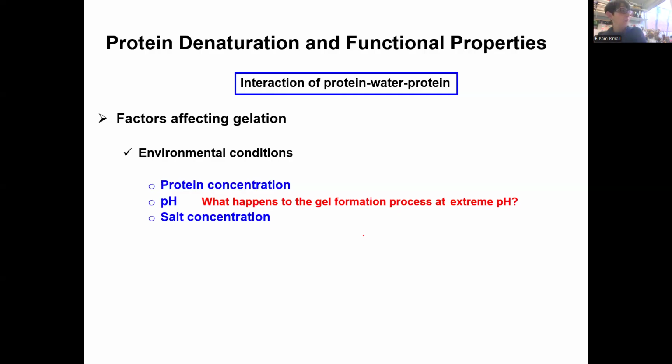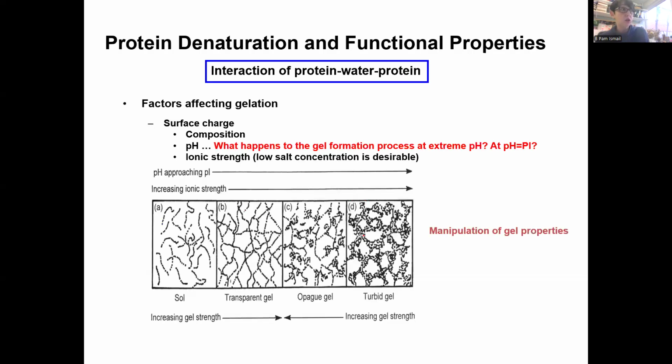So for pH, what happens at extreme pH is you have a lot of net charge causing repulsion, so the protein stays in solution. If your pH is close to the isoelectric point, a gel forms but it's gritty, with a lot of turbidity, because you have less charge, less interaction with water, more protein interaction. You form a gritty type of gel.